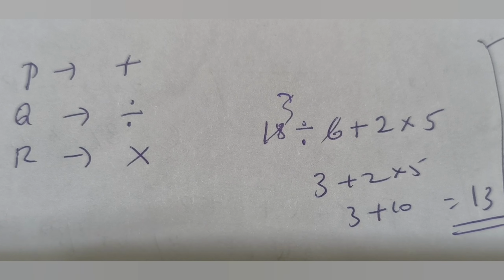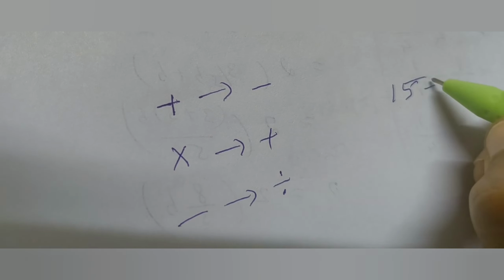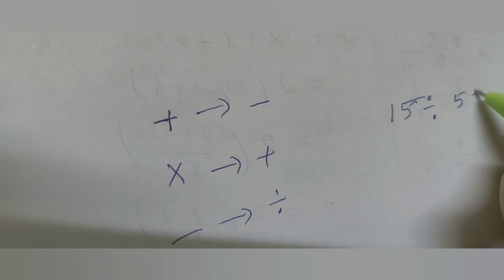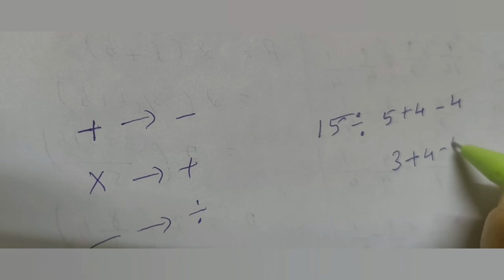Next question, given that multiplication means addition, addition means subtraction and subtraction means division, then the value of 15 minus 5 into 4 plus 4 is? So here we have to substitute: multiplication means addition, addition means subtraction and subtraction means division. By substituting we will get the answer 3, option 1.